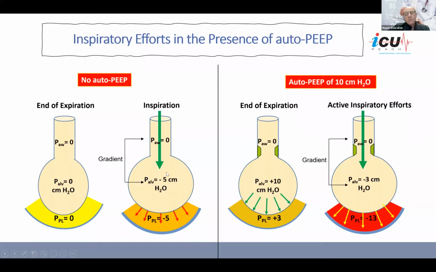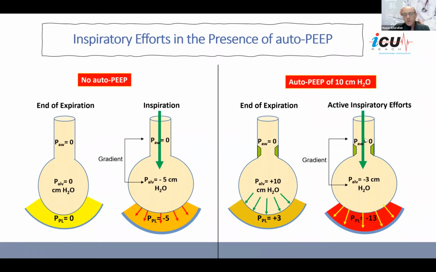Flow will result as a result of the gradient, and you're going to be able to trigger the ventilator. If the patient is spontaneously breathing, in order to create a flow here, all you need is -3, -5 centimeters of water.